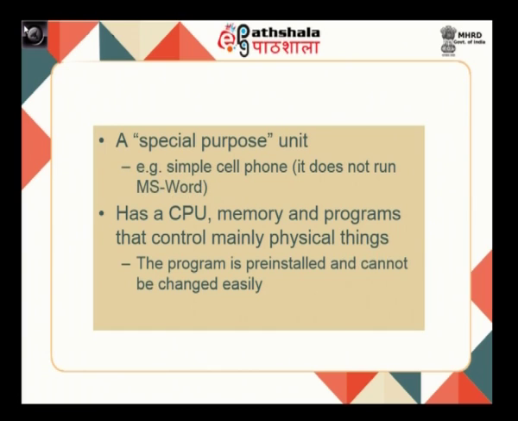This can be explained very easily with one particular example that everybody will know, which is a cell phone. A cell phone can be used for a specific purpose. I am not talking about smartphones, I am just talking about an ordinary cell phone.